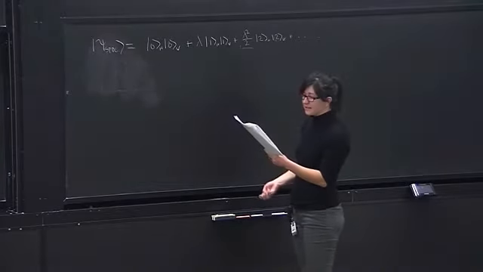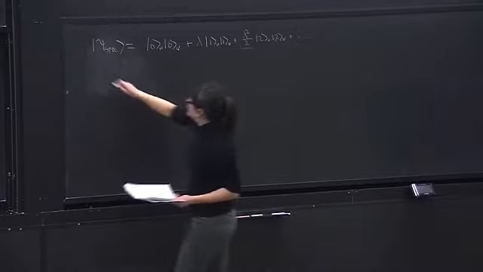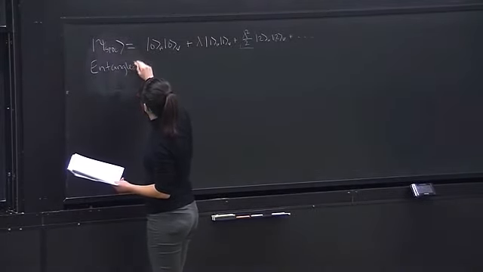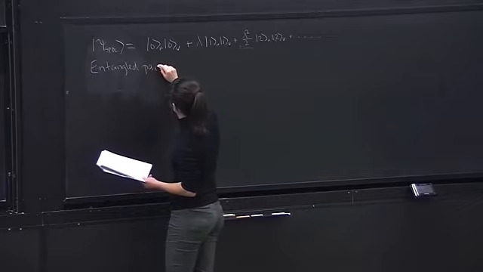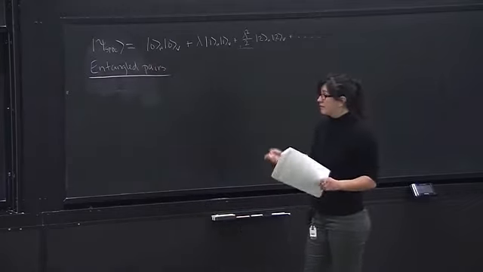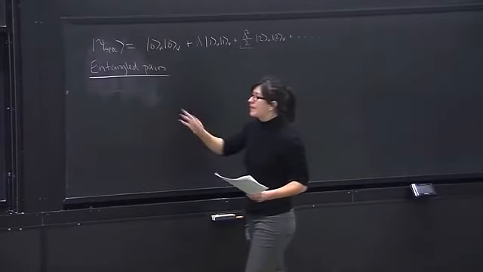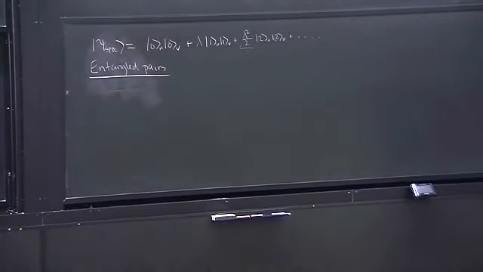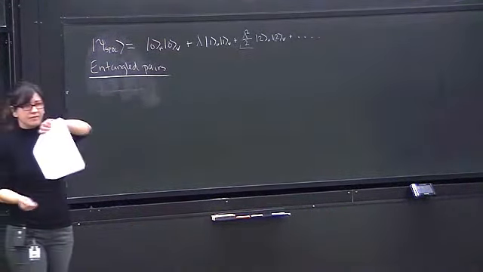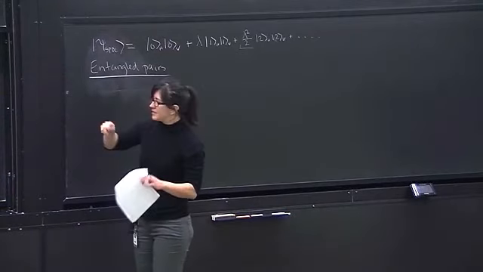Okay, so that's how you get the single photon source. But if we want entangled pairs, we have to change the experiment a little bit. One thing I didn't tell you is I drew this simplified picture, but really what's happening is that this comes out in a cone, a symmetric cone.